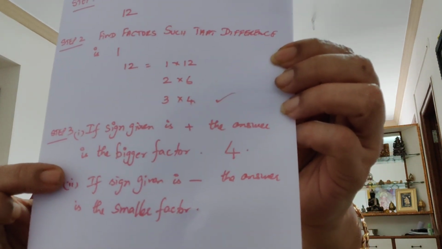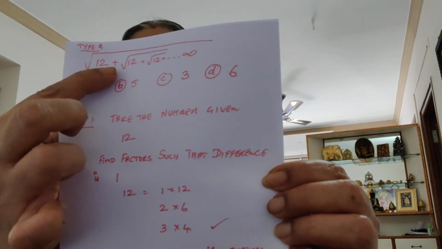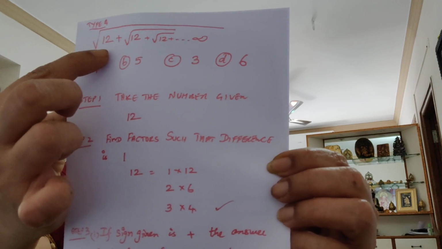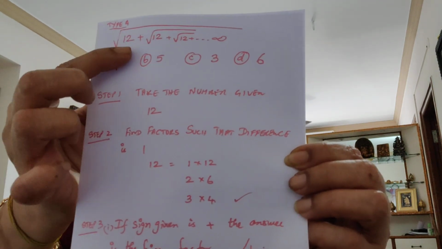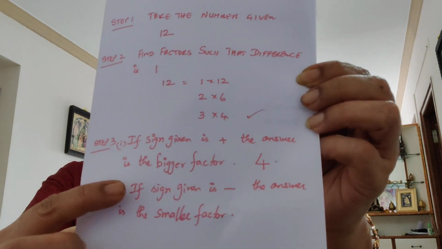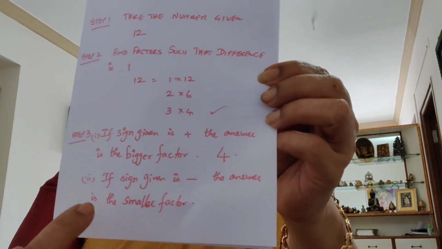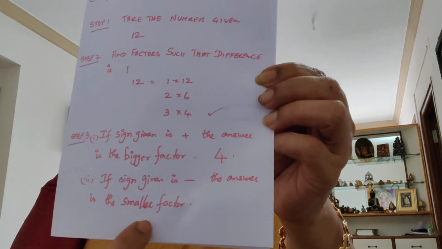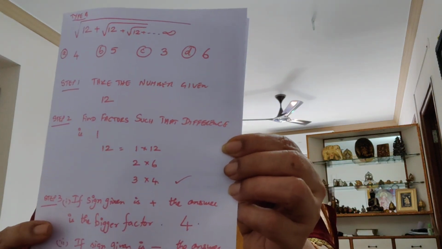And third step is you identify in the question if the sign is plus. You could have had root of 12 minus root of 12 minus, etc. But if it is plus, you will look at the bigger number, and then the factor is 4. If it is minus, then you will look at the smaller factor. So here in the multiple choice, you can pick out 4. I have taken so much time to explain it to you, but you can do it in a jiffy.